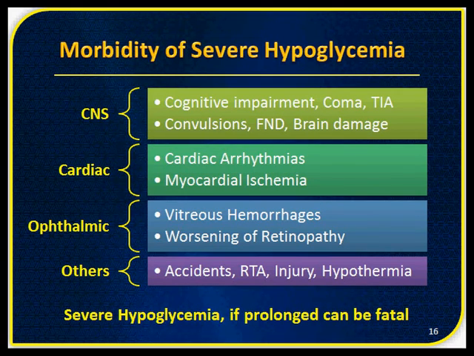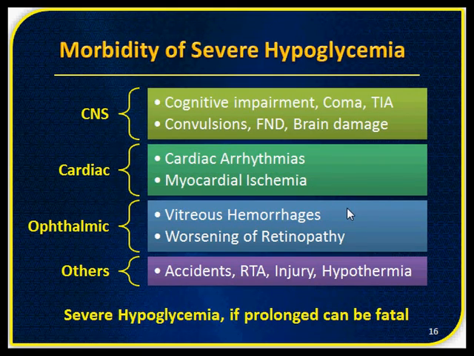To go a little further into the signs and presentations of morbidity due to severe hypoglycemia: as we have already seen, CNS manifestations like cognitive impairment, coma, transient ischemic attacks, convulsions, focal neurological deficits, and to some extent permanent brain damage. Cardiac: arrhythmias, myocardial ischemia because of low availability of fuel to the heart.